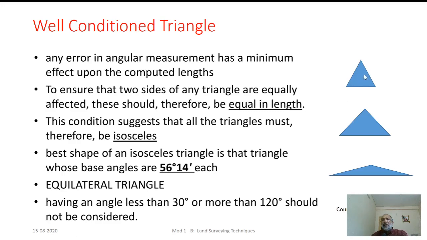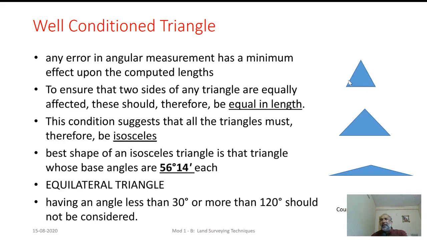Preferably, we should see that these two sides should be equal so that the angles that we have used in order to compute this particular side should also be equal.